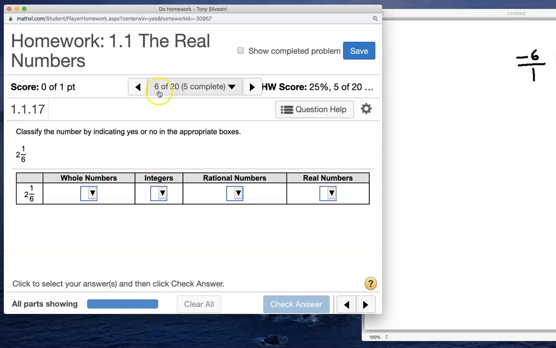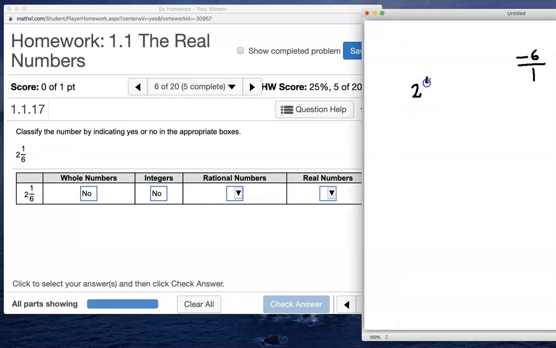Okay, then there's problem 6. Well, it might be positive, but there's a fraction associated with this number. So this is not a whole number. It's not an integer. It is a rational number. Because I could represent 2 1/6, remember this? 2 1/6 is equal to 6 times 2 plus 1 as the numerator over 6.